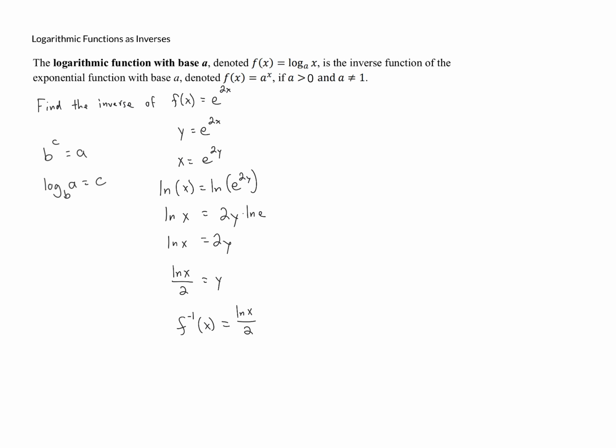An exponential equation and a logarithmic equation are just the same relationship written in a different way. And so we could take this exponential equation and write this as 2y equals ln, base e, of x. If you get comfortable enough with these, you can just go straight into that.